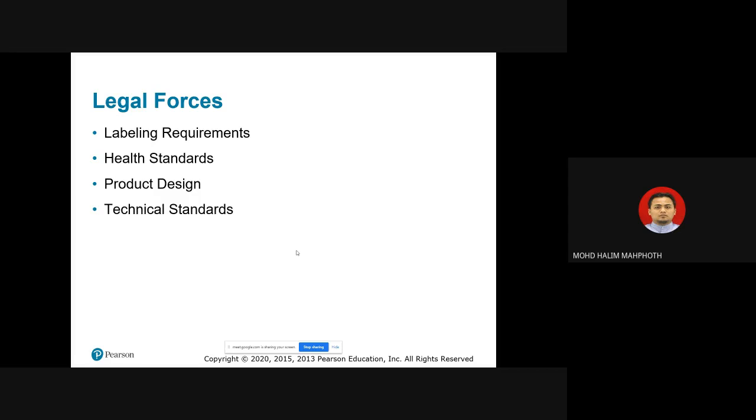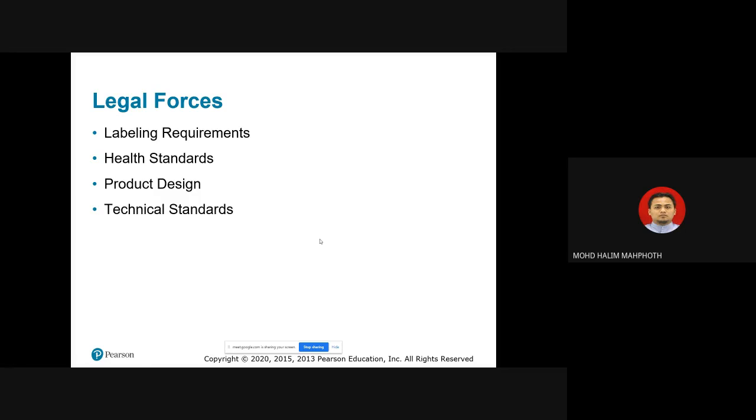Product design: make sure the design of the label is acceptable.